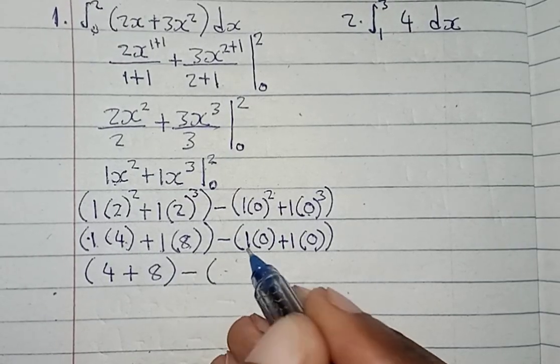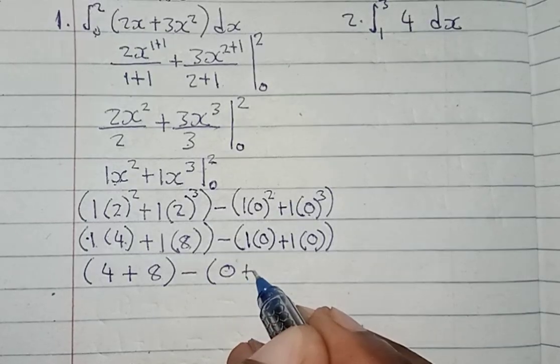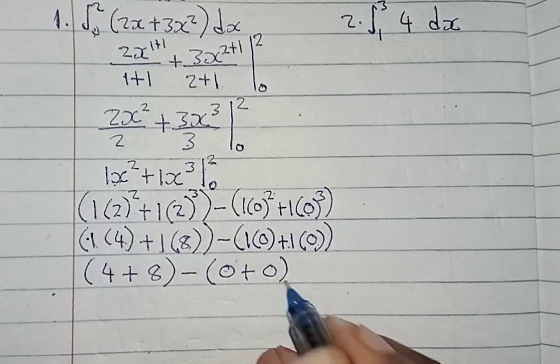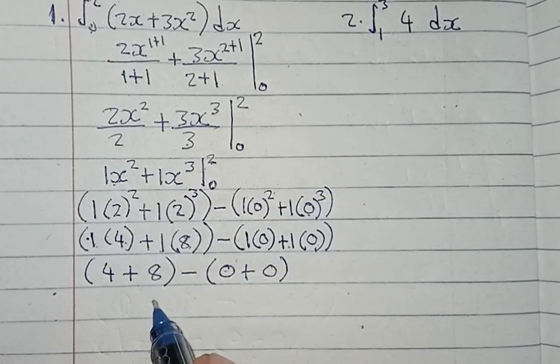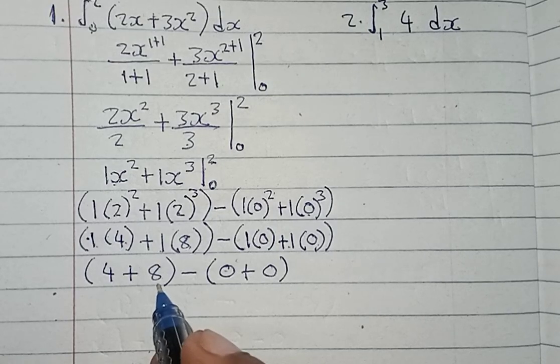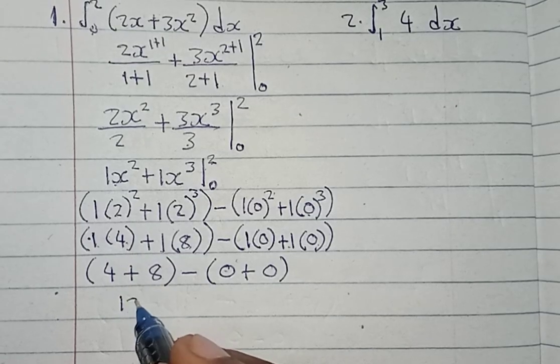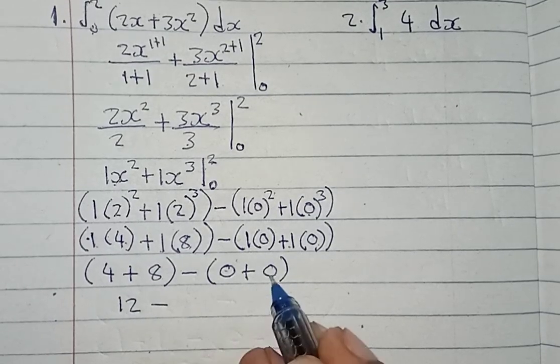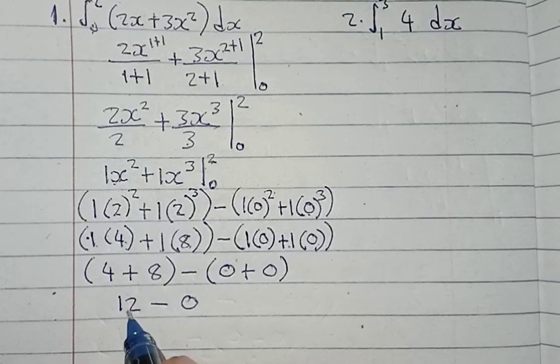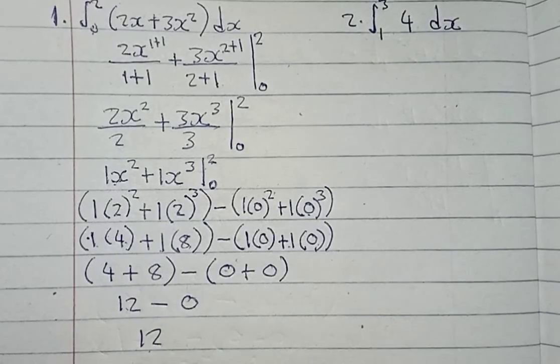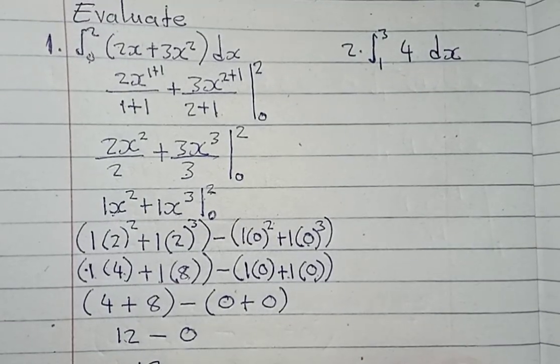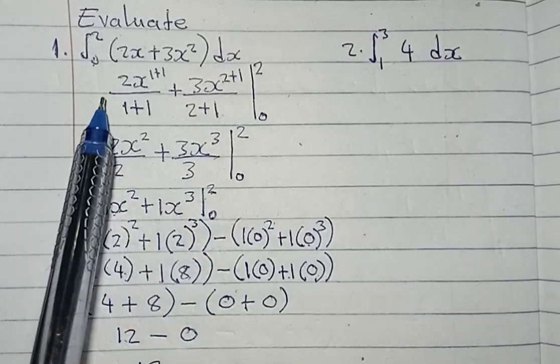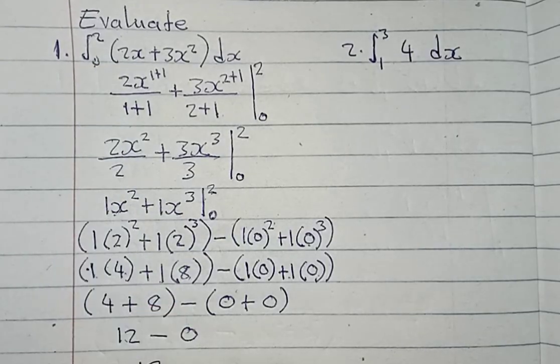Minus 1 times 0 is 0, plus 1 times 0, we get 0. We add the two numbers. 8 plus 4, we get 12. Minus 0 plus 0, we have 0. And 12 minus 0 is 12. So this is the solution to this definite integral.